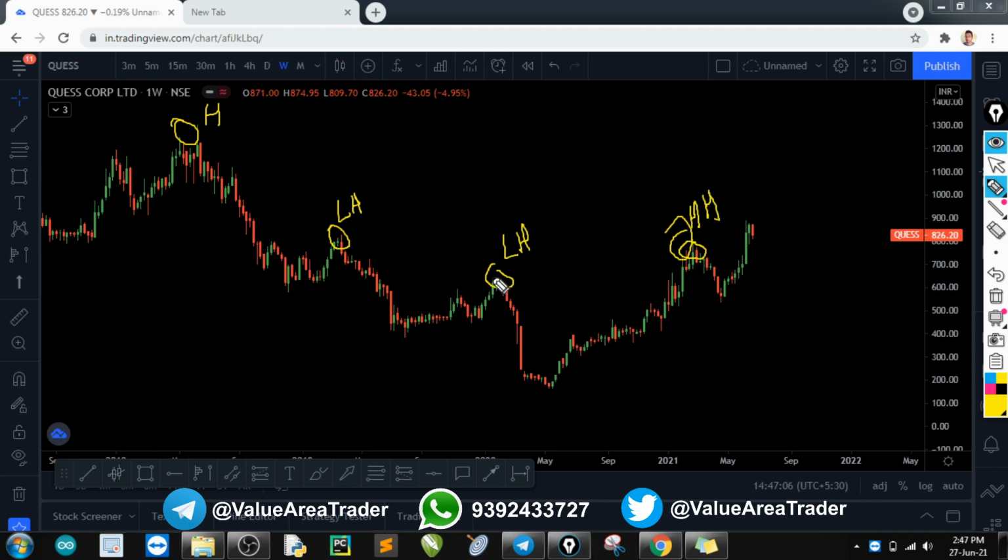This is the last high, and it did cross the lower high. So this was the point at which I kept it in my watch list, and I was waiting for that right shoulder to be created.